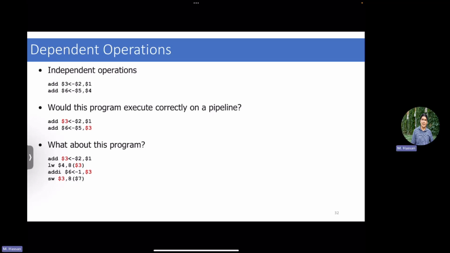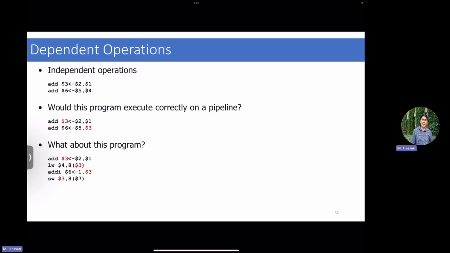By the way, between these three instructions, is there any instruction that is writing R3? Add is writing R3, but what about the load, add I and store? Are we writing R3? I'm asking this question for that purpose, because this is one of the very common mistakes. I don't know why this is happening, but it's very common.